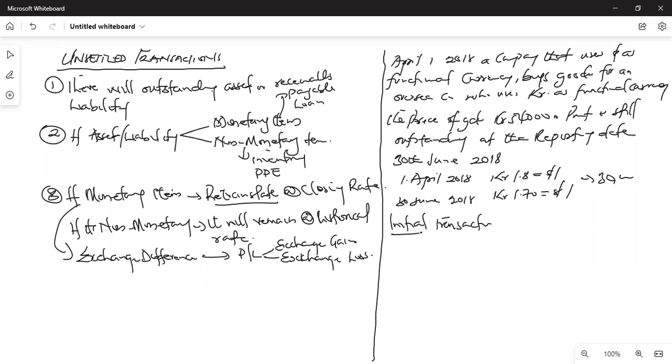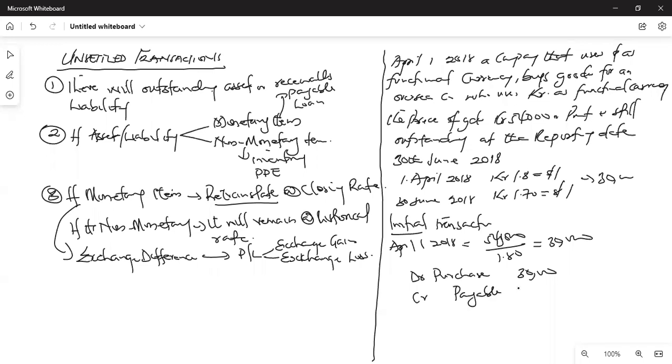So on that date, April 1, 2018, 54,000 divided by 1.8 gives us 30,000. So the initial transaction will be debit purchases, 30,000, and you credit payables with 30,000.